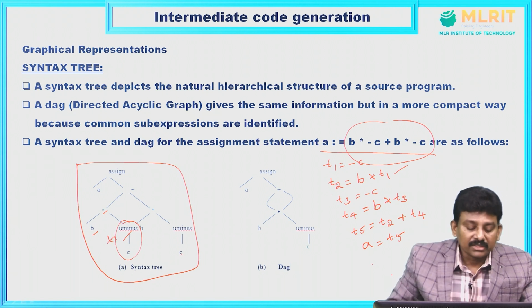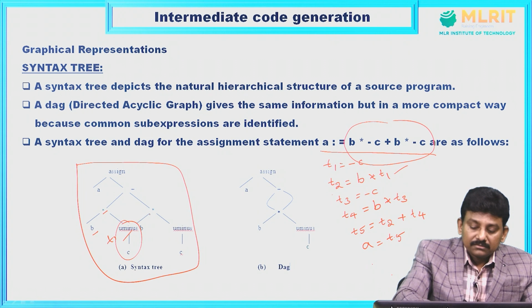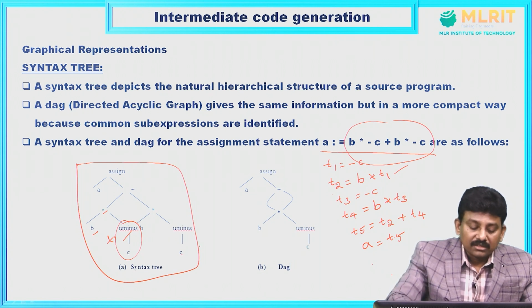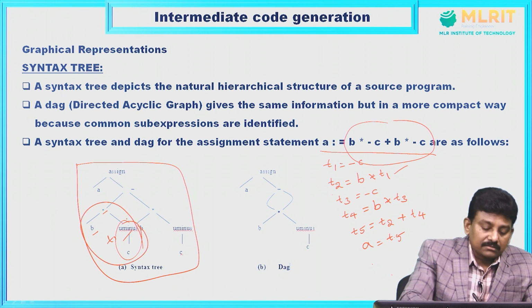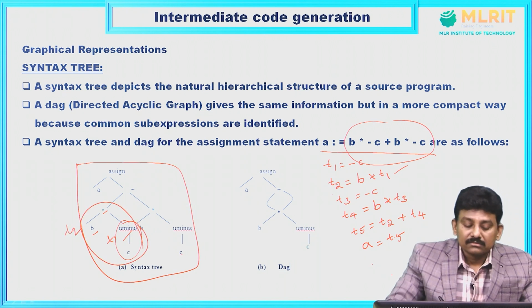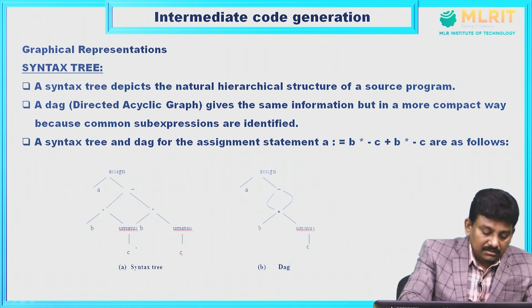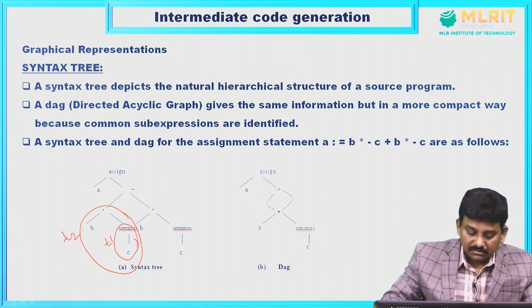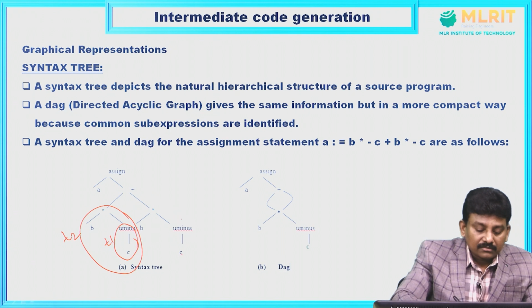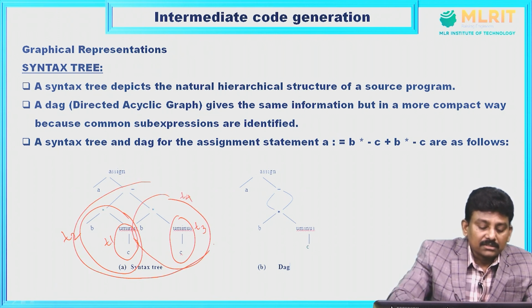T1 will contain unary minus C. Then T2 will contain B star minus C. This is T1, this is T2, this is T3, this is T4. So, this is T5.